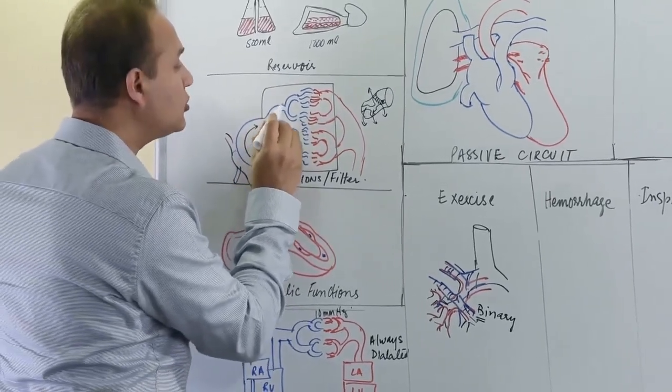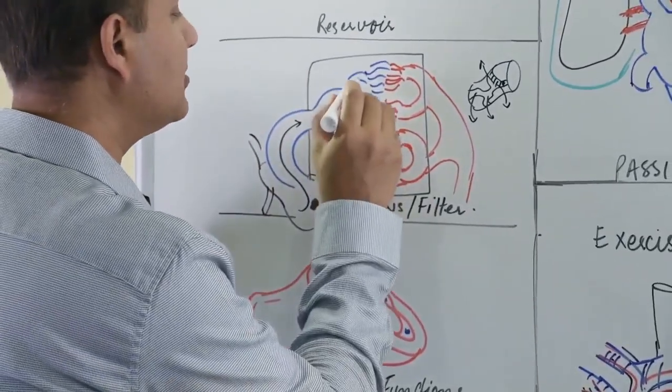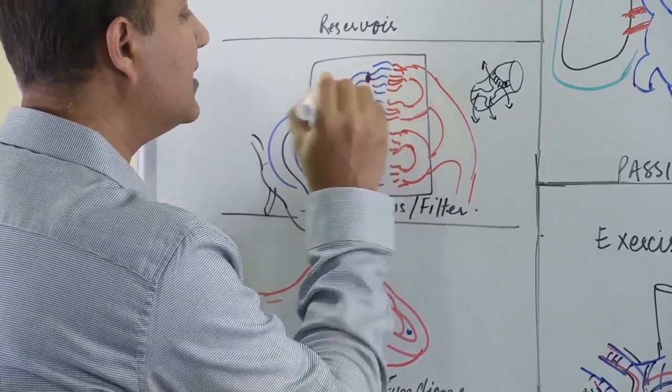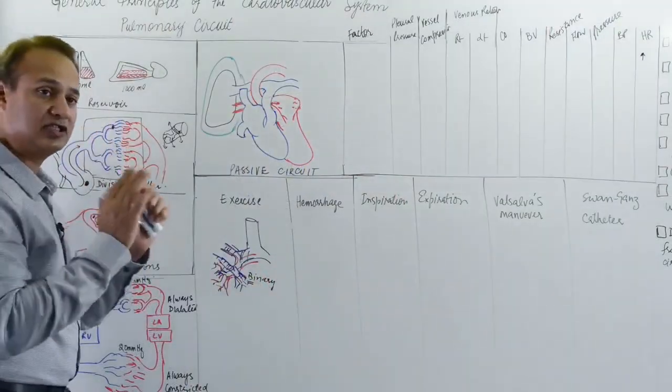There it would continue going into the pulmonary blood vessels till it reaches a blood vessel which has a diameter that it cannot go any further. That is where it would get lodged and stuck.